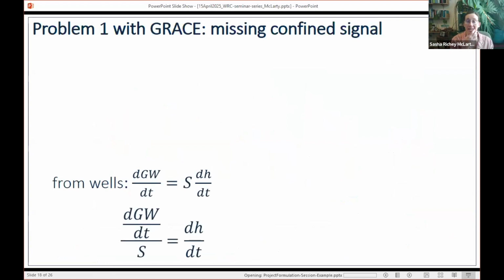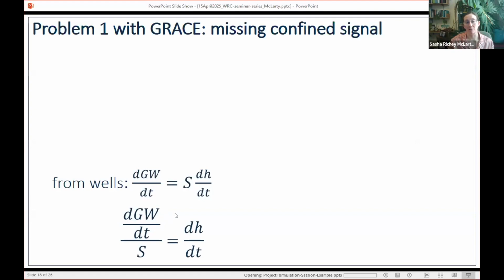So then as part of this work, I wanted to say, okay, well, what would that confined head variation need to be in order to be detectable by GRACE? Maybe we're missing something in how this analysis has been done. And so I just took this original equation of how to get storage changes on the left from the head changes observed in wells, and took the accuracy of GRACE as 1 centimeter per month.